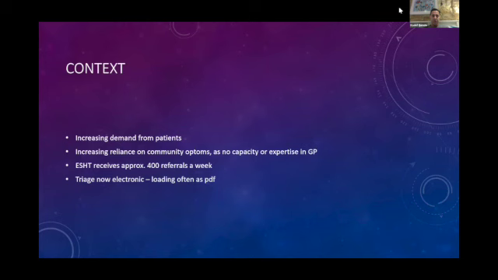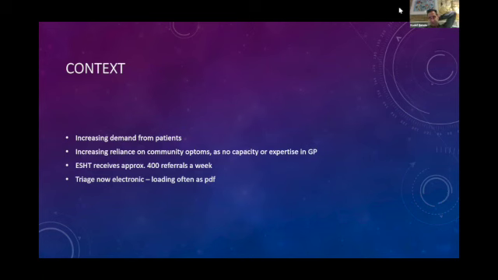As I've said, we've got increasing demand from patients, and this has got worse with COVID because patients are being directed more to community optometry as a first line of sight. A lot of patients are trying to stay away from hospitals during the waves of the pandemic and even afterwards.